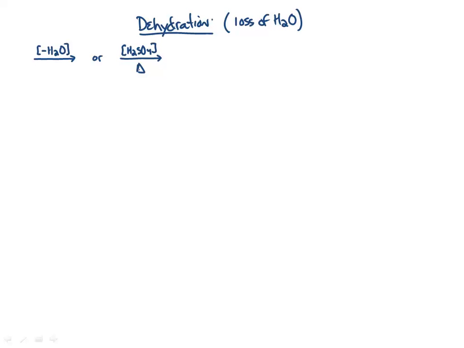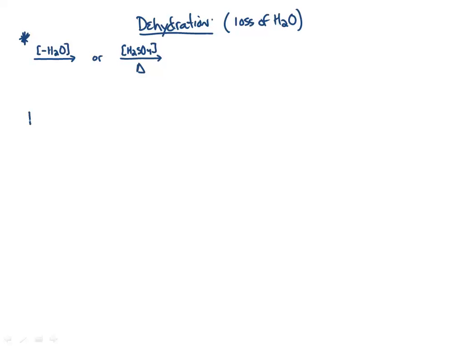The one with a minus H2O on the arrow is pretty hard to not figure out that that's a dehydration, right? The one with the sulfuric acid and heat, that's a little tougher. If I remember right, and I'm only going by memory, I'd have to look. At least on the practice and on the test, I tend to only put the minus H2O arrow on. That being said, be careful, and occasionally if you see H2SO4 and heat, know what's happening.